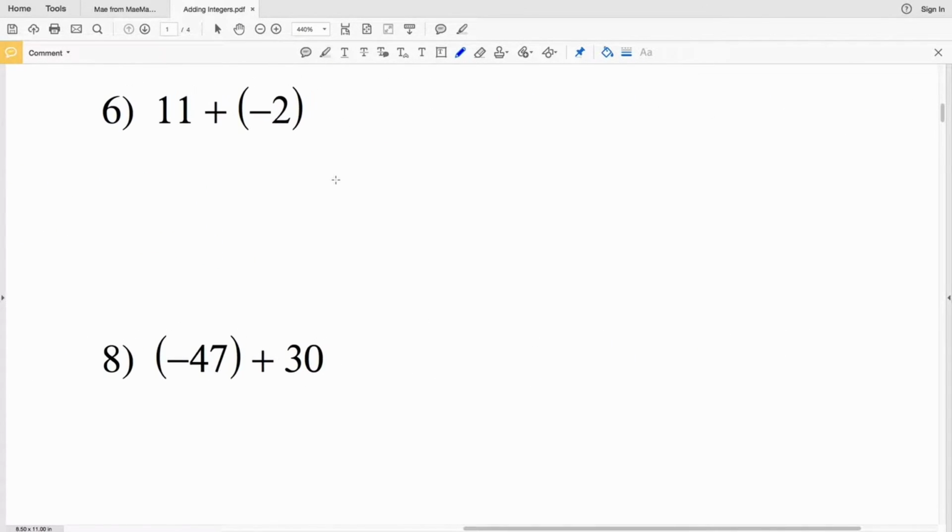6 is going to be 11 plus -2. So we're starting at a positive value and we're going to move to the left. So we're actually decreasing on the number line. So starting at 11, moving 2 to the left will be 10, 9.